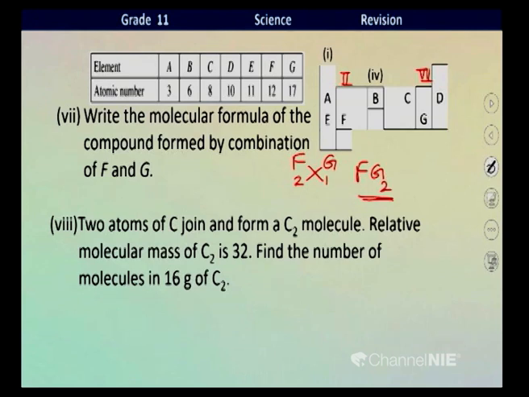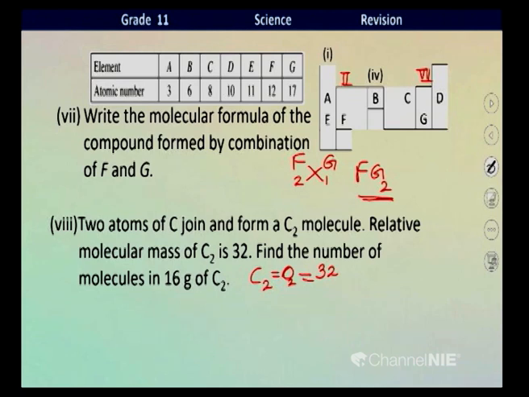Right, now we know that C2 is equal to O2. Relative molecular mass of this O2 is 32. That means number of molecules in 32 grams is the Avogadro number.